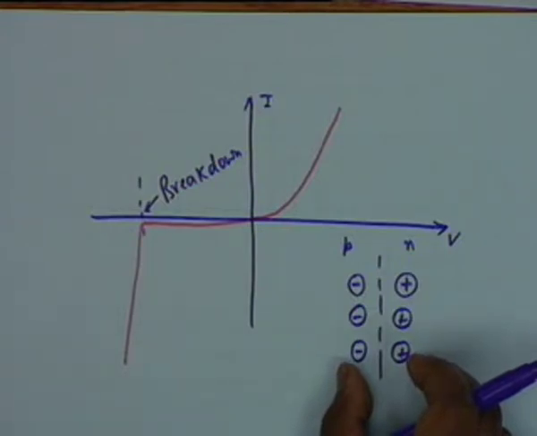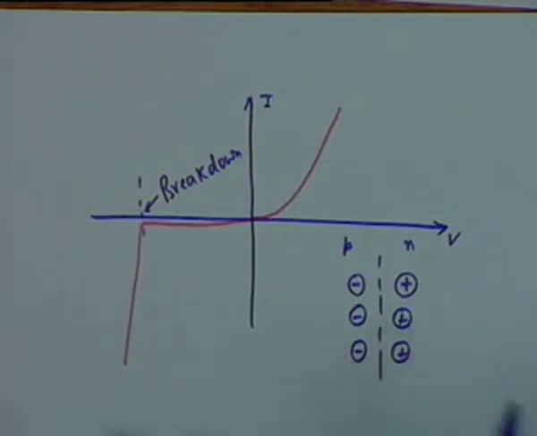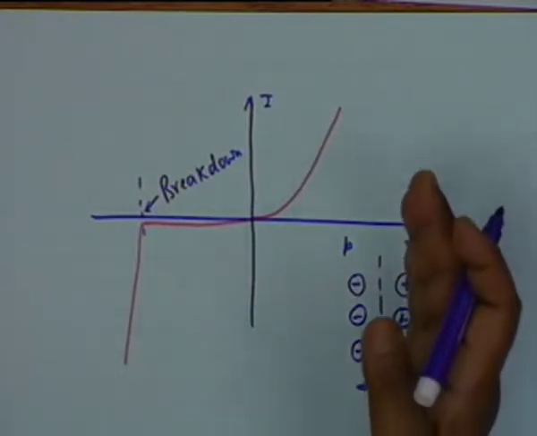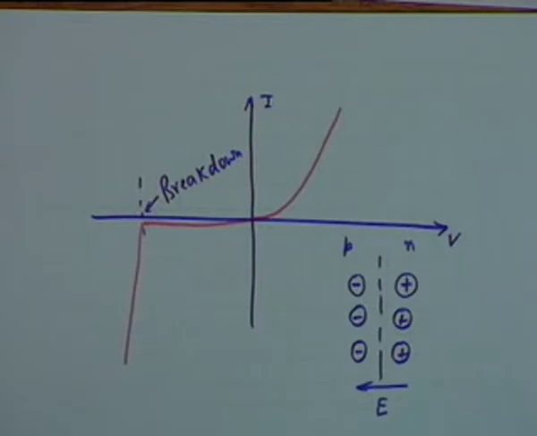The potential barrier increases. As a result, the electric field E, which is directed from the positive charge to the negative charge, increases. Electric field large means what?